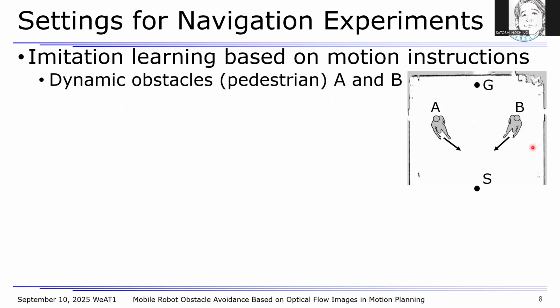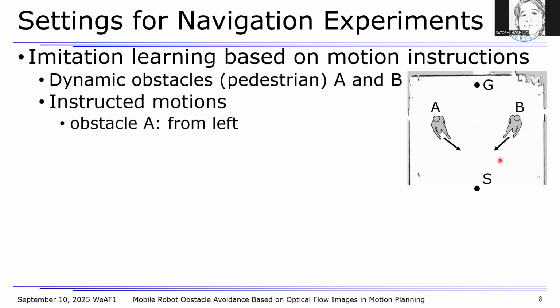Since the walking speed is faster than the robot, a collision may occur if the robot avoids obstacle A from the right and obstacle B from the left. To prevent the collision, the robot is instructed to avoid obstacle A from the left and obstacle B from the right.